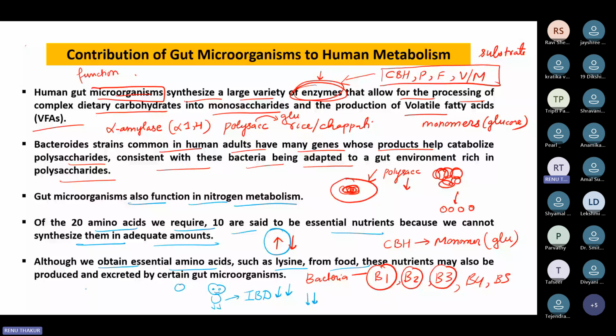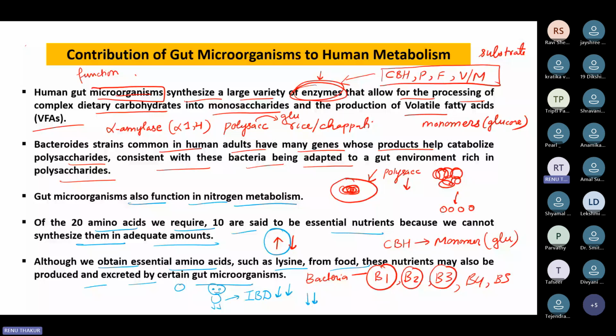As we all know, there are some biomolecules which our body is not able to synthesize in an adequate amount. So for that also we need some specific microorganisms who are capable of synthesizing that particular requirement. So the sole role of microorganisms is to support our de novo metabolic machinery to digest each and every polymer we are ingesting.